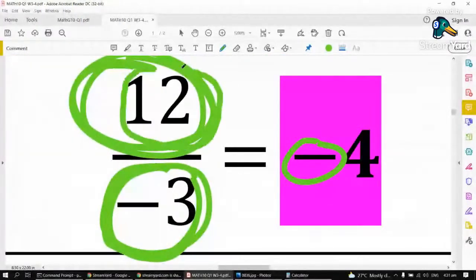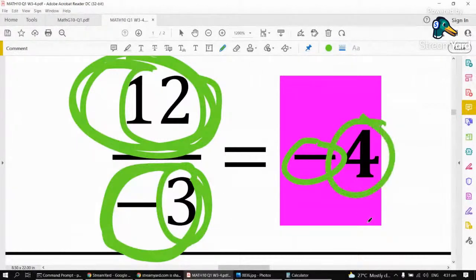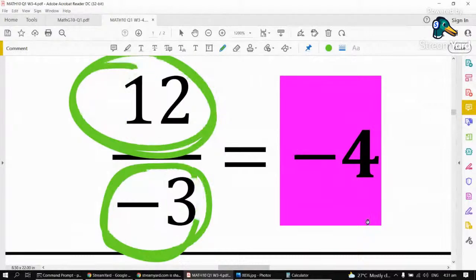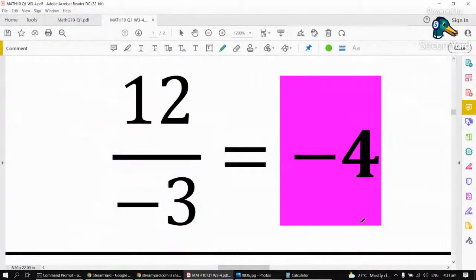And then 12 divided by 3, that is 4. Ayan ang common ratio dito sa next.